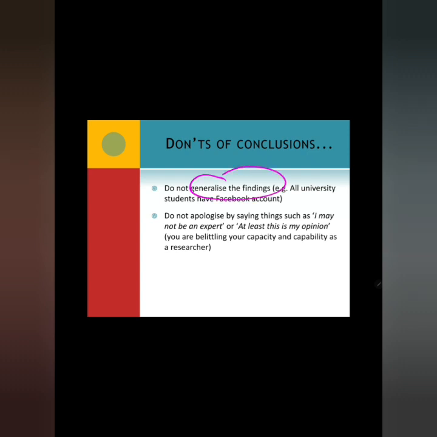For example, all UTHM students have Facebook accounts, or all Malaysians have YouTube accounts. All right, and do not apologize by saying that I'm not an expert, so the findings might not be good enough, especially in your limitation. Do not say it like that.